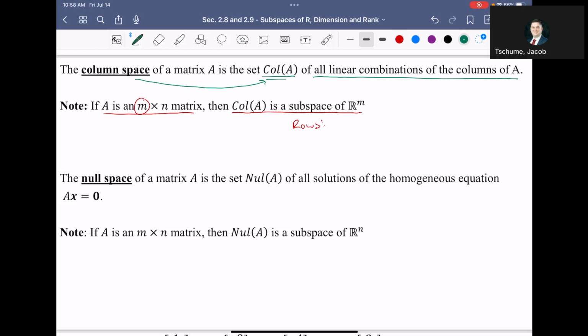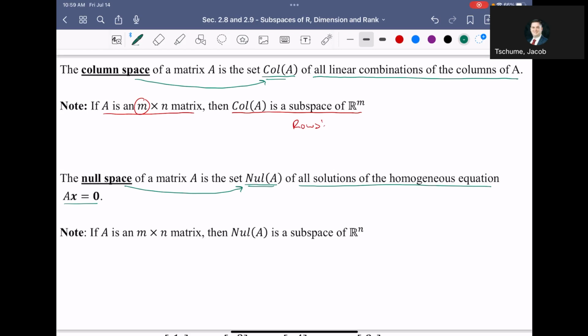The second type of subspace that we're going to work on is called the null space. The null space of a matrix A is denoted as Nul A. That's how we'll note null space going forward. It is defined as all the solutions of the homogeneous matrix equation Ax equals 0. We talked about that back in chapter 1, and we're about to show you in this video how that relates and becomes a subspace.